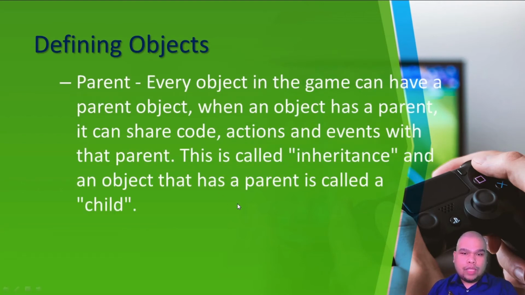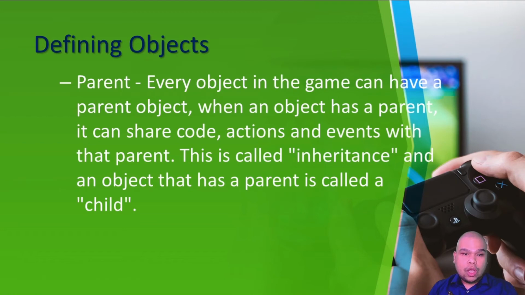Parent. Every object in the game can have a parent object. When an object has a parent, it can share code, actions, and events with that parent. This is called inheritance. An object that has a parent is called a child. So what's the purpose of a parent? Basically, you can create a parent object and add all the events and actions that you want.